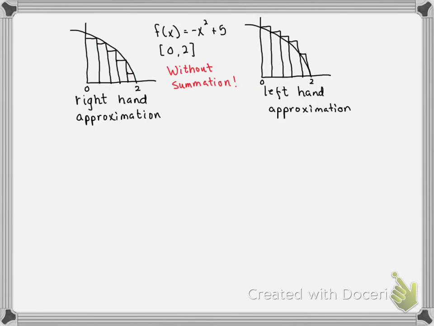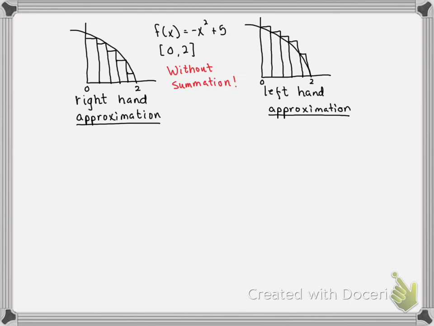Here we go. We are going to look at, without using the summation, how to find the right-hand approximation and the left-hand approximation by using the area of each one of these rectangles and adding them up.